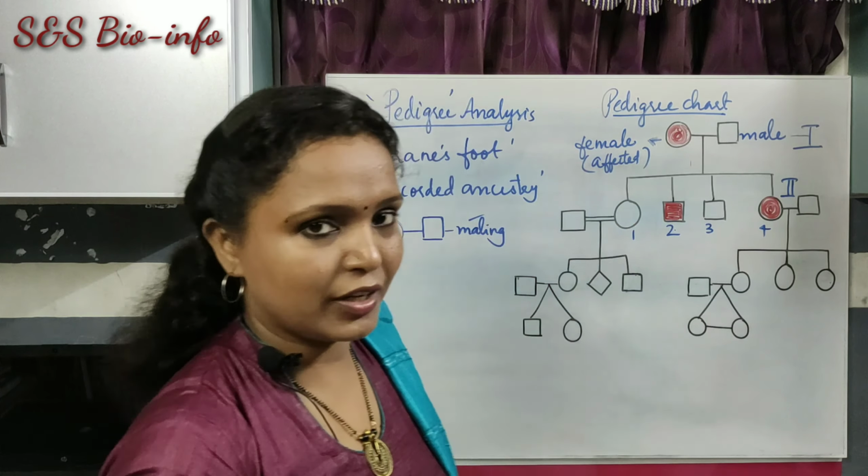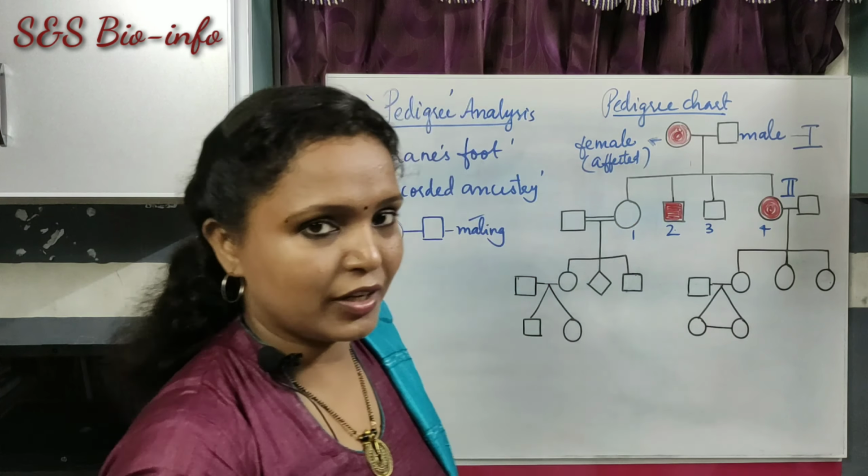Close relatives mating is known as consanguineous mating. By this mating they could produce 3 children.